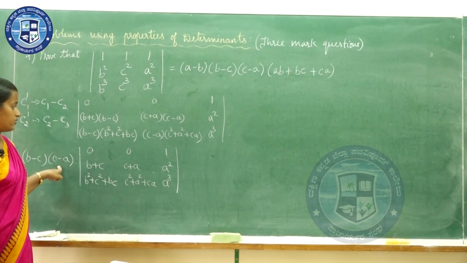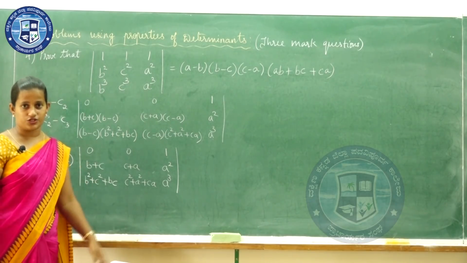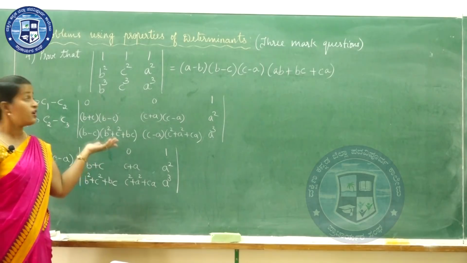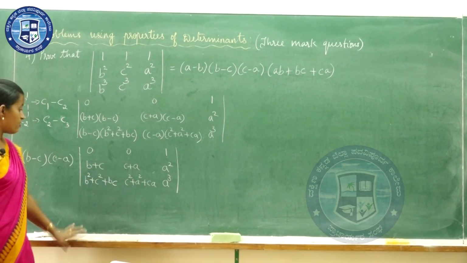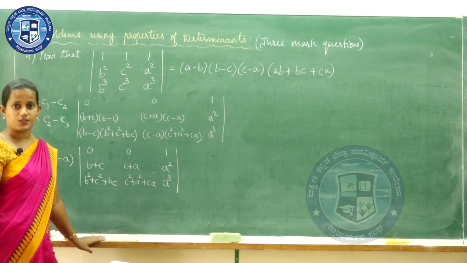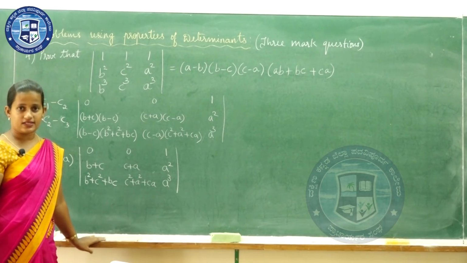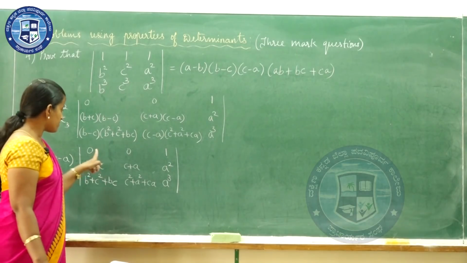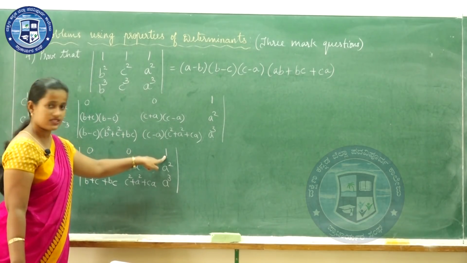Now you may think, okay, next is direct expansion, because we have done the same thing in the previous 3 problems. Whenever we had 2 zeros here and we got 2 terms outside, we went for direct expansion. But here we are not doing that. Why? Because if you observe here 0, 0, then this 1 will remain.